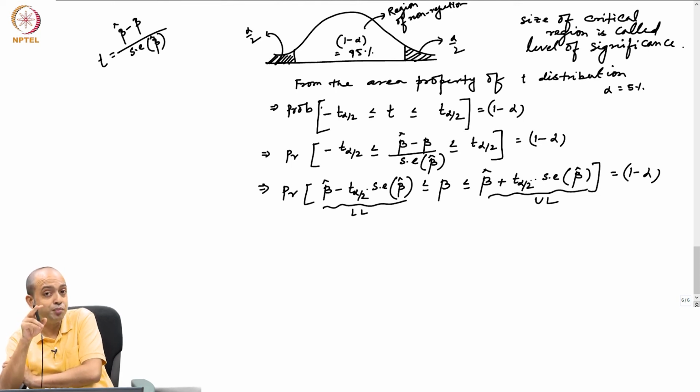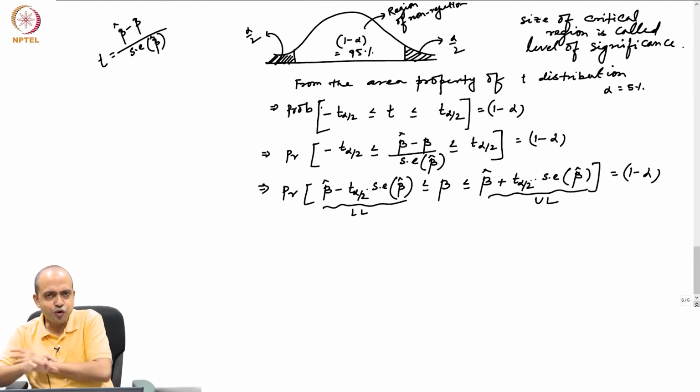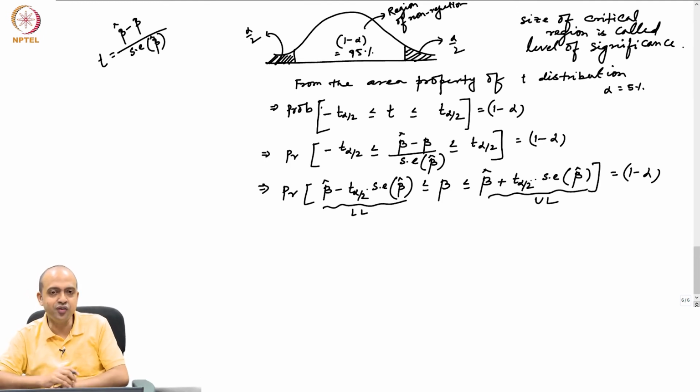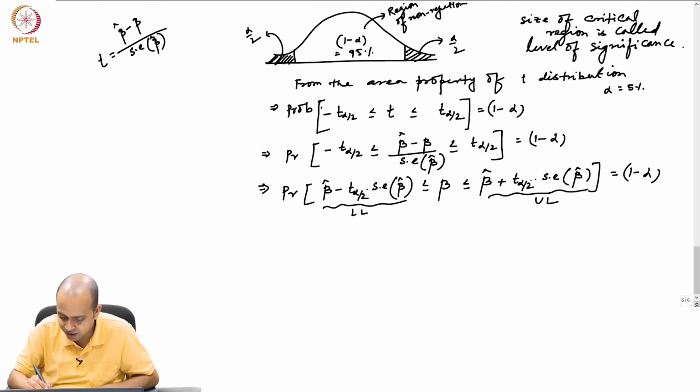The actual meaning of this probability statement is that if you construct this type of interval 100 times following the formula, what is the formula we are following? Beta hat plus minus T alpha by 2 into standard error of beta hat.